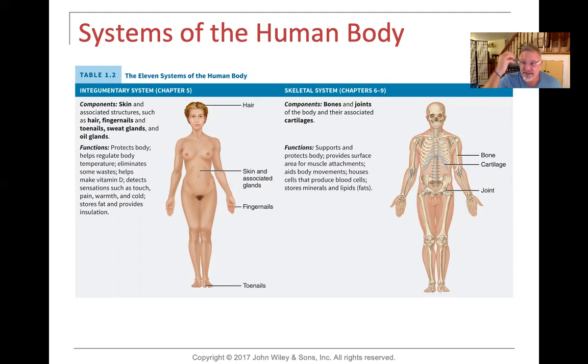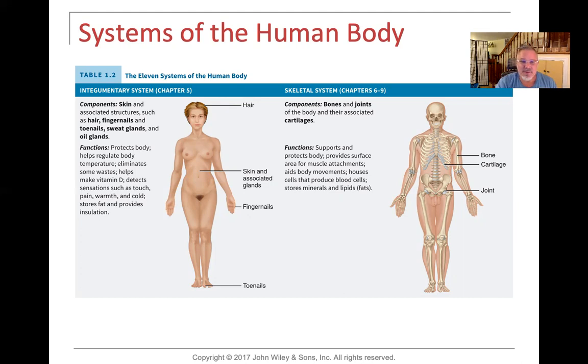We need sunlight hitting the subcutaneous cholesterol on the skin, and that cholesterol will then go to the liver. The liver hydroxylates that cholesterol. It goes to the kidneys where it hydroxylates it again. And then we have the usable form of vitamin D for the human body.